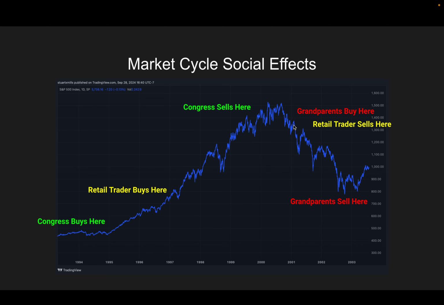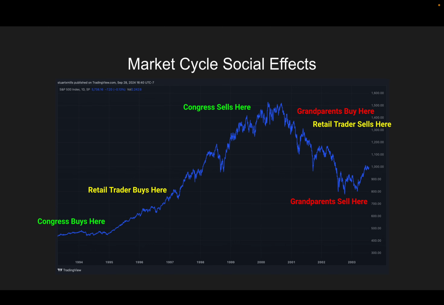And worst case, the people like the grandparents type who might have been the last people to get in after news, they buy, and perhaps they might sell when they're down 20, 30, 40% for whatever reason.